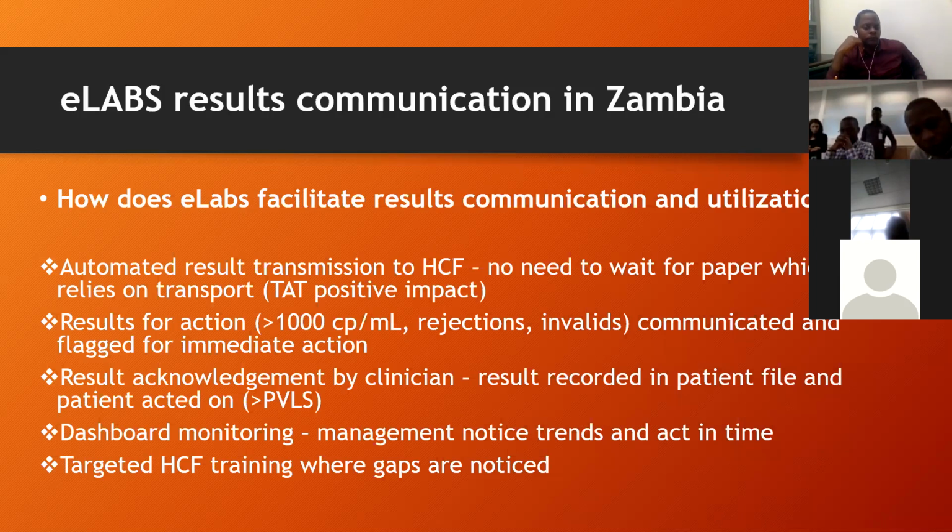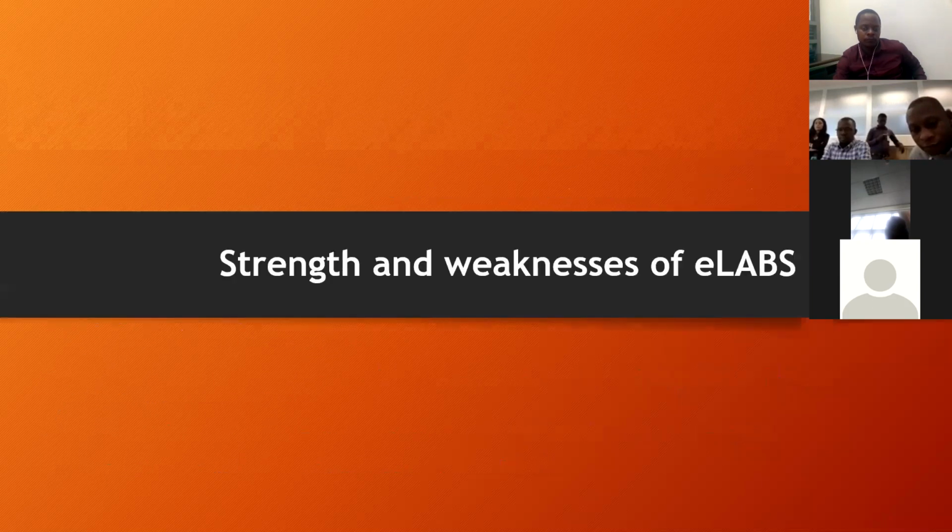And eLABS also enables clinicians to record results on patient files as well as act on patients that have high viral loads. This is all monitored via the dashboard, and we are able to notice trends that are happening at a particular facility and act in time, as well as do targeted training for facilities that have gaps in the utilization of the app.